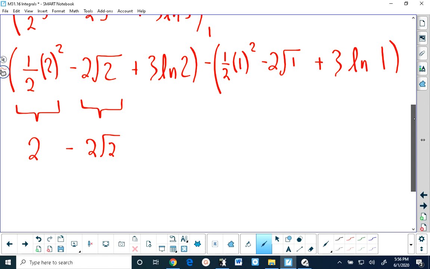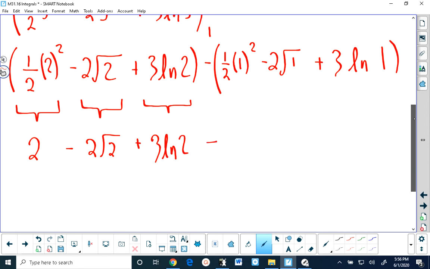You could put it into your calculator, but then it's no longer equal to 2 root 2 because it's going to be a decimal approximation. There's nothing we can do with this for the same basic reason. I suppose you could swing that coefficient up and write it as ln of 8, because you could write it as ln of 2 cubed. I don't know. I'm just going to leave it as 3 ln 2.